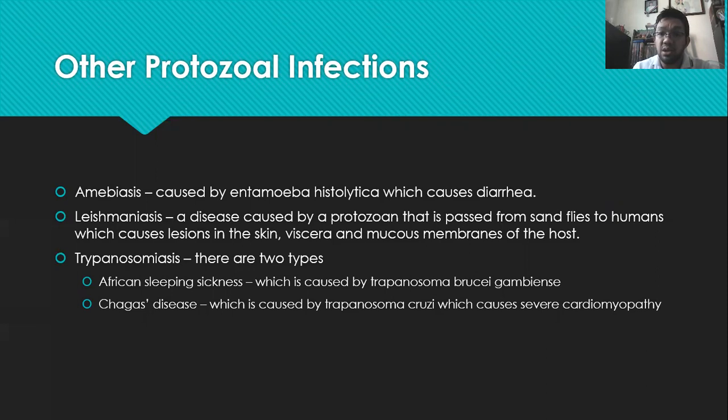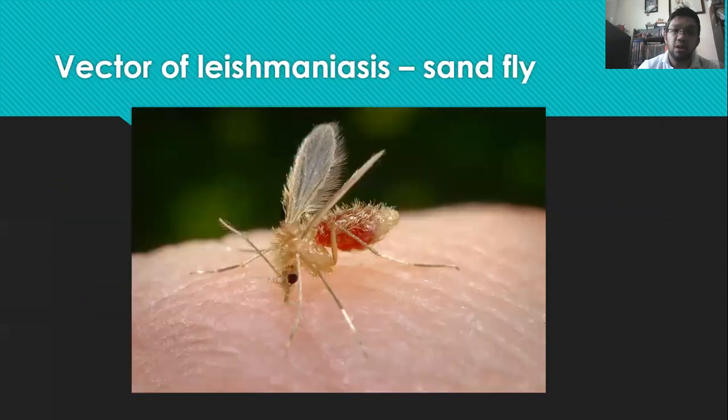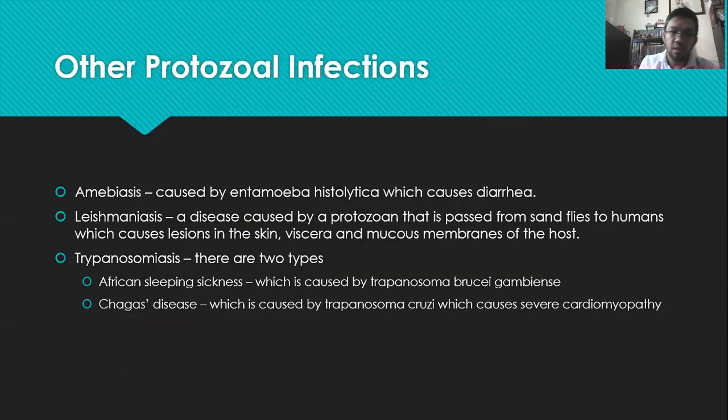Leishmaniasis is a disease caused by a protozoan that is passed from sandflies to humans, which causes lesions of the skin, viscera, and mucous membranes of the host. This is caused by this vector, sandfly. And it is not common here in our country. It's common in Africa.